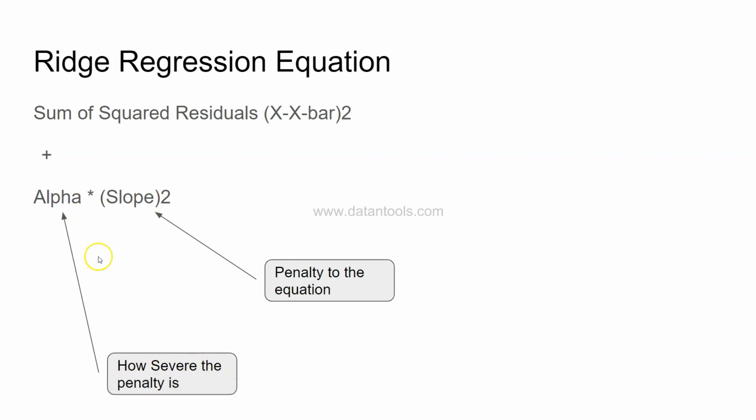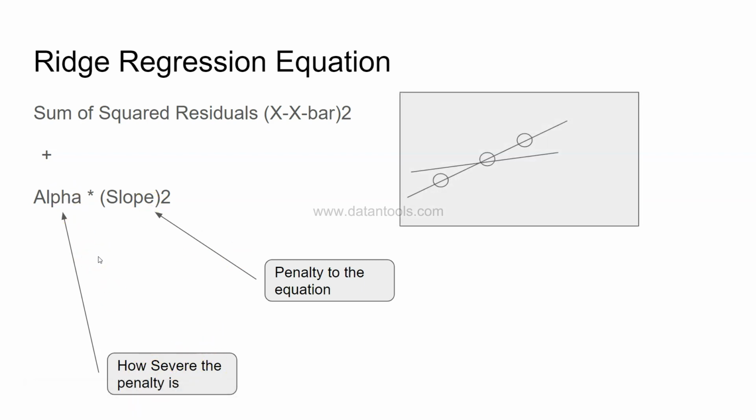This indicates the graph that we have seen in the previous slide, where this is our standard equation, but let's say after adding a penalization of 1, the line has moved from here to here, and now it is a new line like this, which is reducing the variance of the unseen data points.